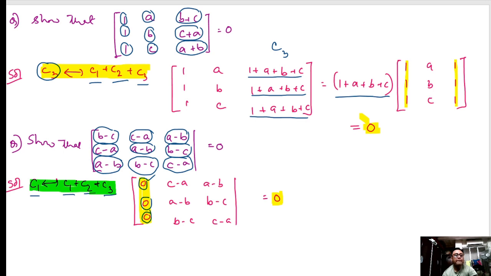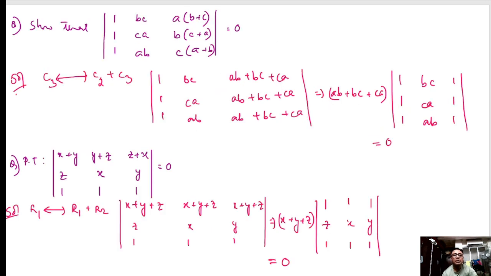Next, show that this is coming 0. Watch here what we are trying to apply. In C3, we want to do C2 plus C3.